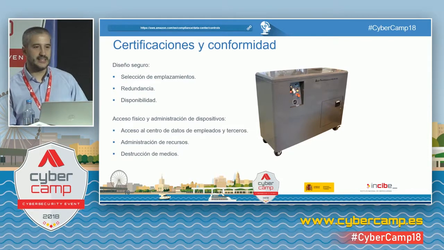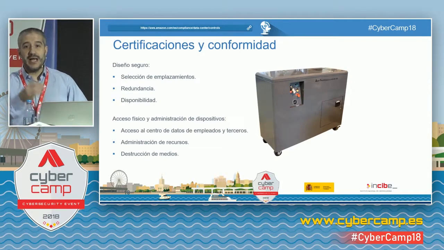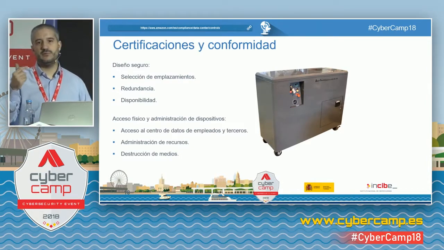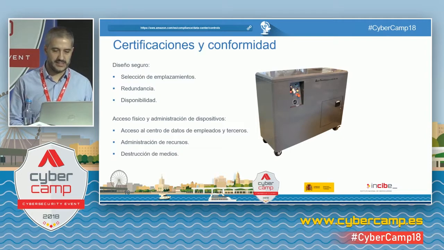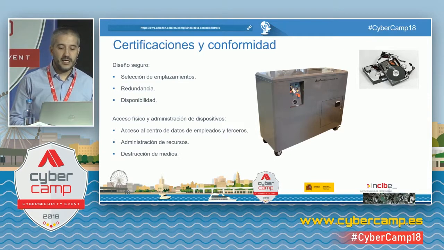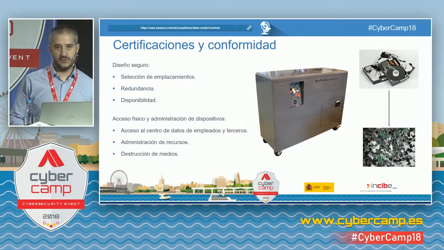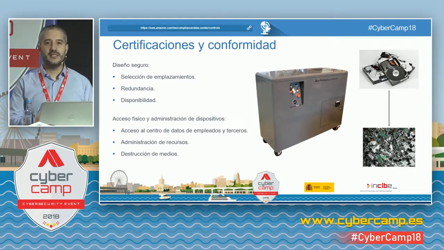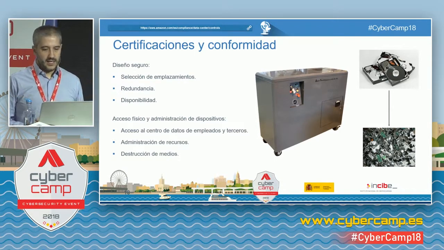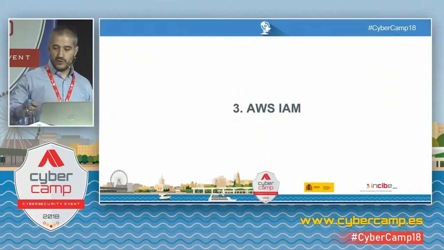For instance, an Amazon hard drive, when they're obsolete or when they're not working properly, well, they first need to safely erase the sectors 7 times or something like that. But even after that, this type of machine would end up like this when they destroy it, to make sure that all information is safely erased.